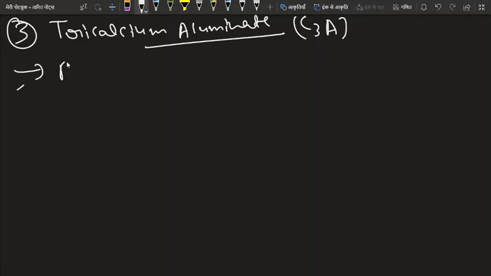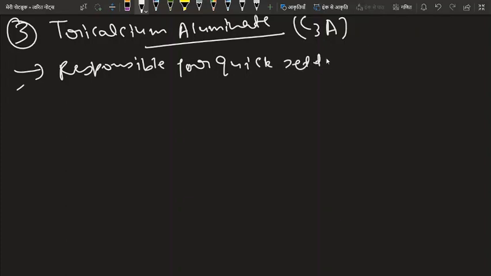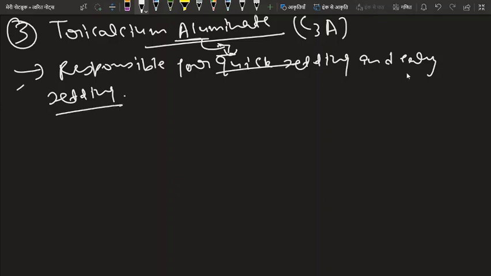Responsible for quick setting and early setting. Whenever you see aluminum anywhere, then of course there is quick setting and early setting. Okay, it's a basic key point. You can remember this if you want.